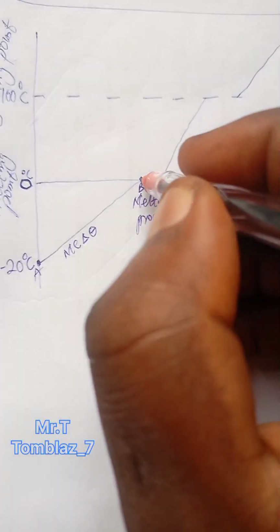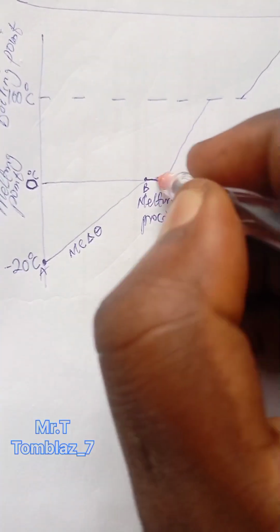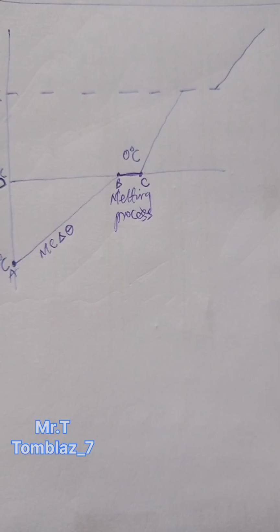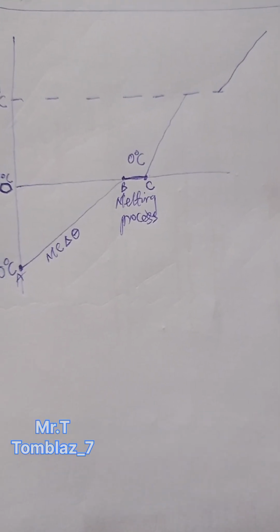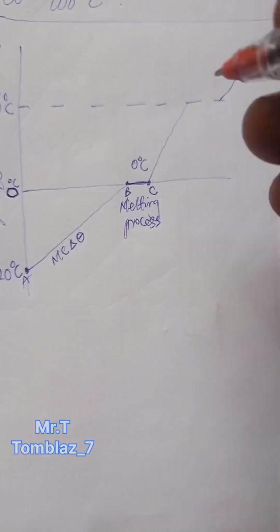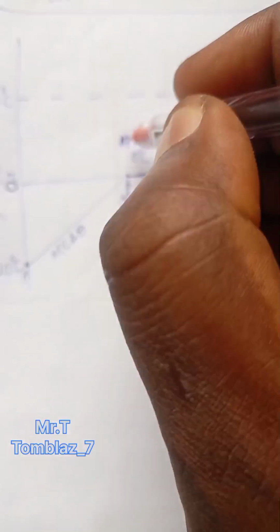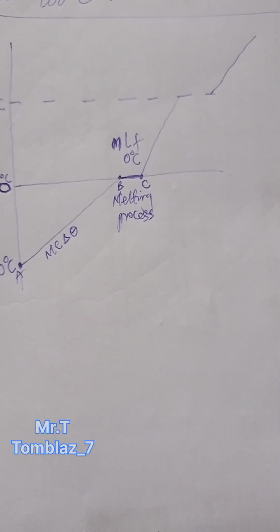During this melting process, the temperature remains at 0 degrees centigrade. It doesn't change, right? Now the heat that is experienced in that portion is called what? MLF, that is latent heat of fusion.